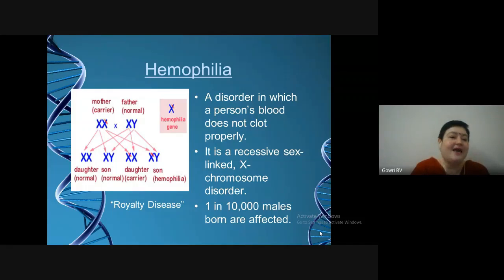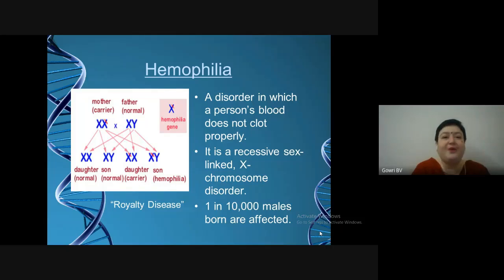The XX which is generated will be a daughter who's normal. A normal XY combination will be a son who's normal, whereas X dash, which has the hemophilia gene, with a normal X gene will be a daughter who is a carrier. And of course, the other one, X dash Y, will be a son with a hemophilic disorder. That is how it goes.